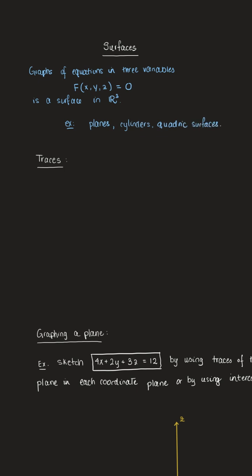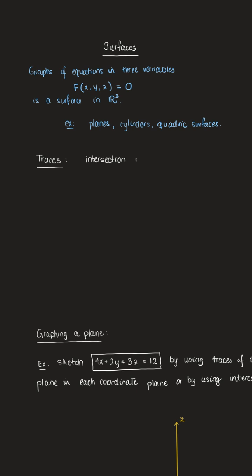And in order to be able to graph these objects in space, we make use of traces. Traces are really important and useful, and they are the intersection of the surface with either a coordinate plane or a plane parallel to a coordinate plane.